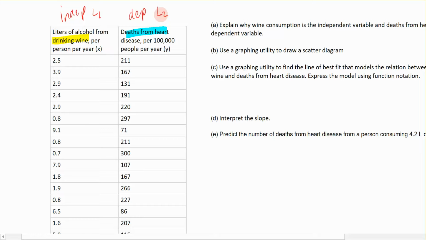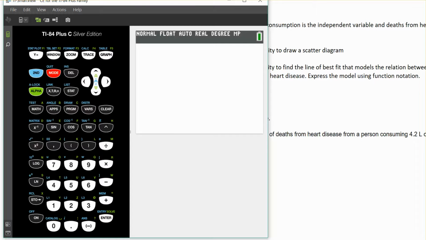So I want you to get your calculator, and before we ever do anything, we've got to turn on a particular statistic in our calculator that isn't already on, or is not normally on unless you turn it on. And it's called the diagnostic. So we're going to turn on the diagnostic using the catalog function of our calculator.